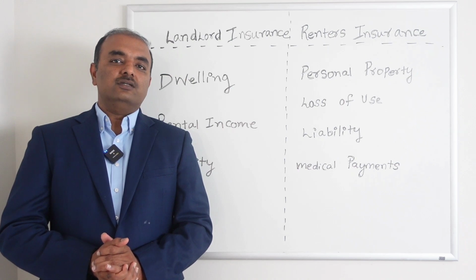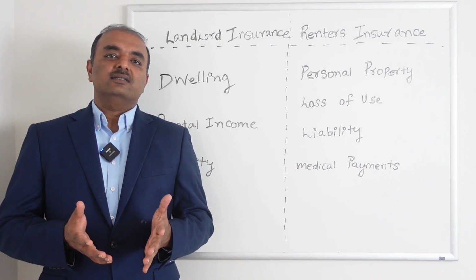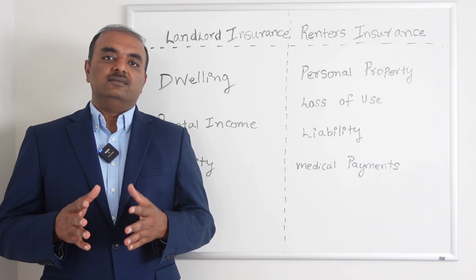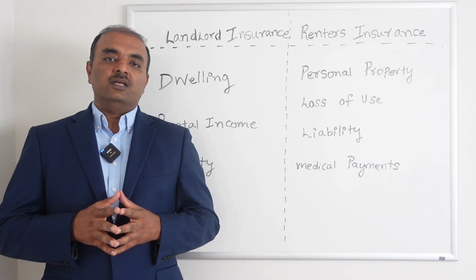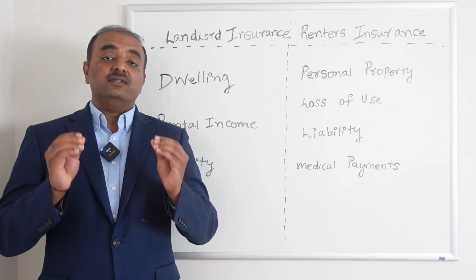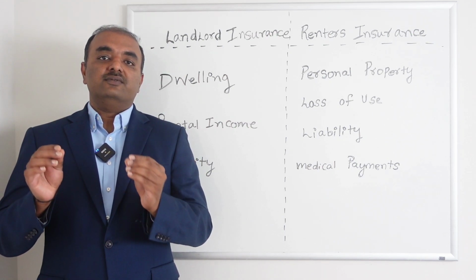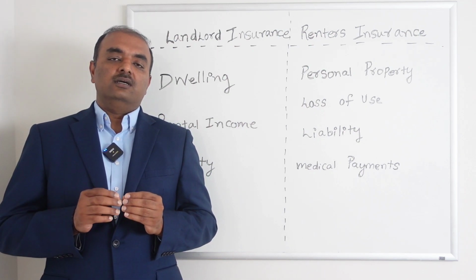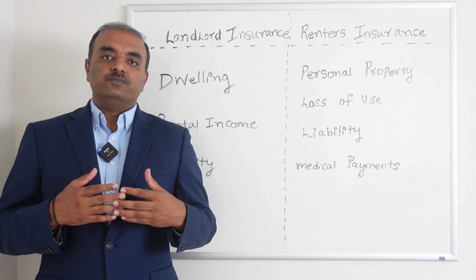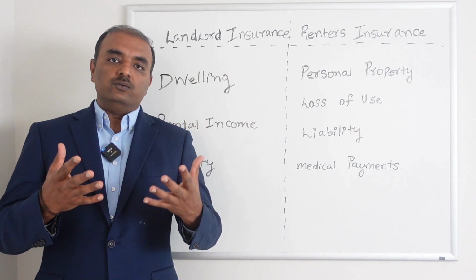Today I'm going to talk about differences between landlord insurance versus renter's insurance. Before seeing the differences, let's see what is the definition of landlord insurance and what is the definition of renter's insurance. Landlord insurance is used by the unit owner who does not reside in the home.